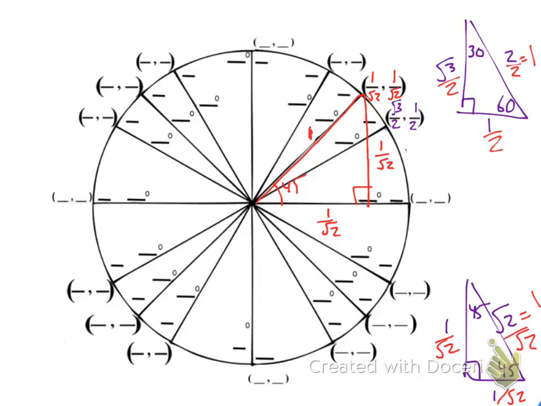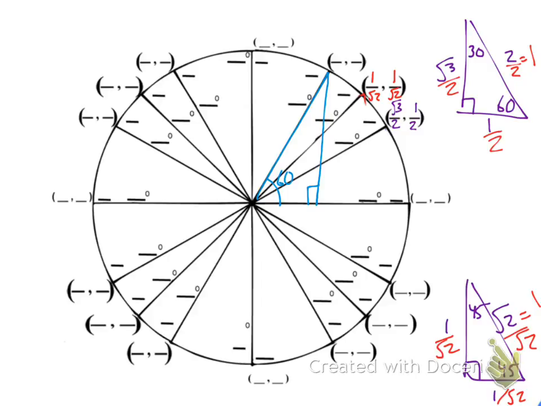What's the next line? Oh, would it be 30? Or 60? So this one is 60.